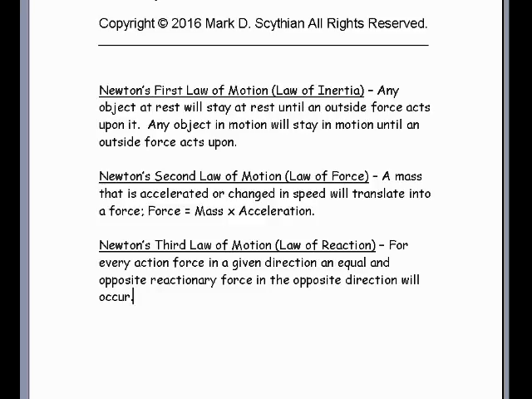But to keep things very simple, we see this every day with the jet engine. A mass airflow in pounds per second, mass air by weight, is suddenly accelerated out of the jet nozzle, and that translates into force in the direction of the jet velocity. But then there is an equal and opposite reactionary force in the opposite direction, causing the force we know as thrust to push the engine and the aircraft forward.